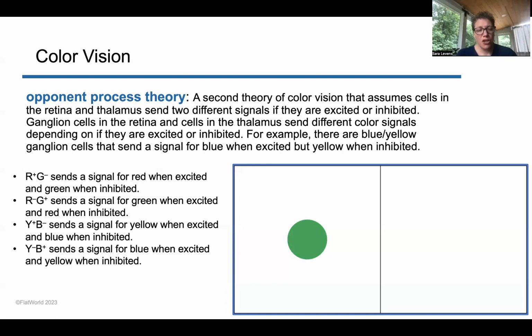And then when you have an excitatory signal for green, yellow is inhibited, and you have the same thing for yellow and blue.